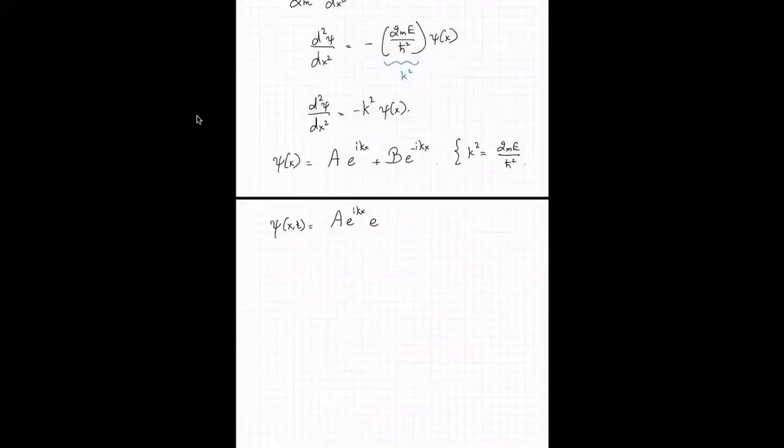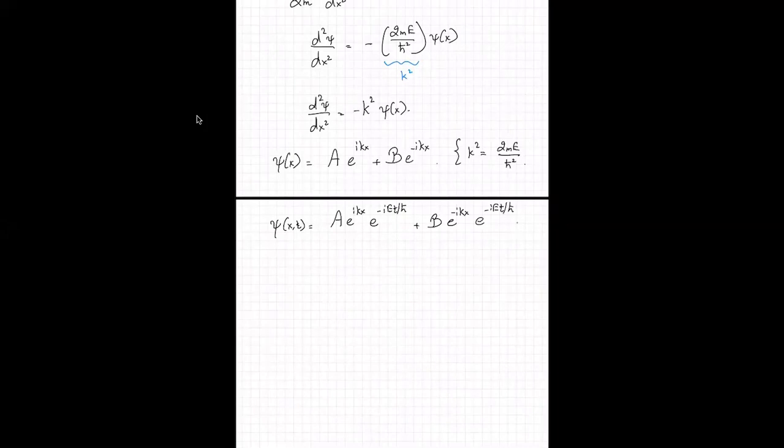So I should tag on the time dependence: minus iEt over h bar, plus B e to the minus ikx e to the minus iEt over h bar.